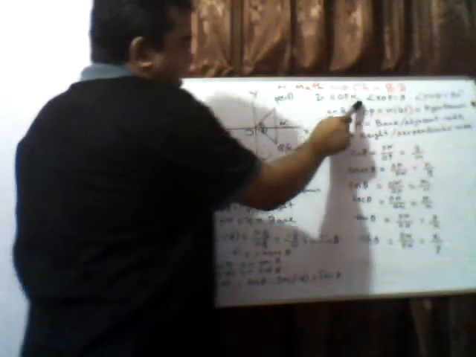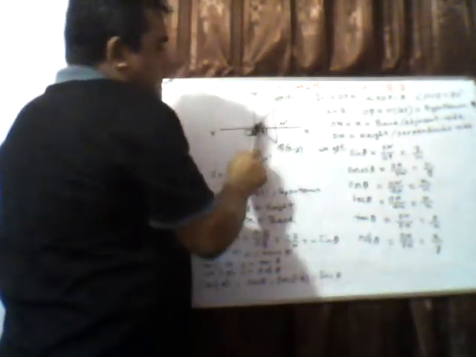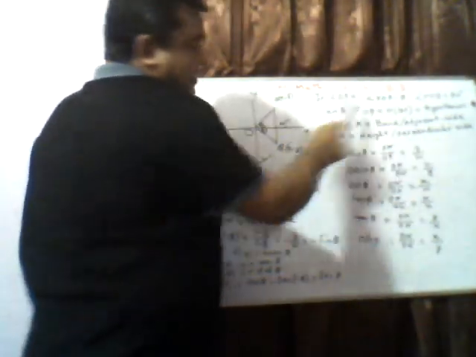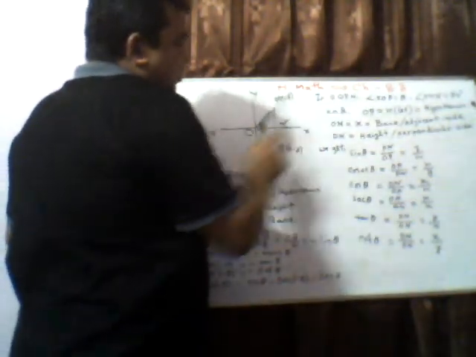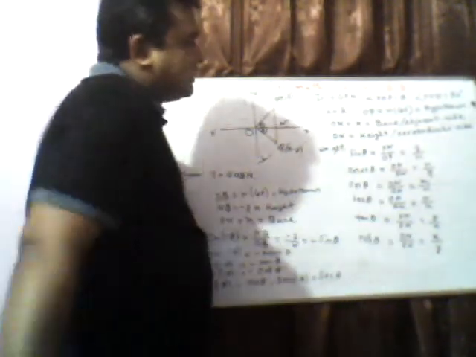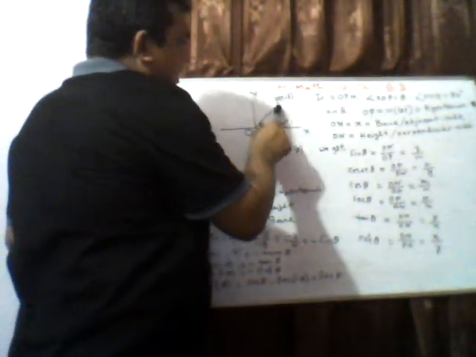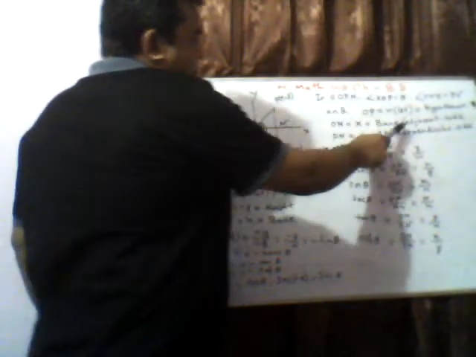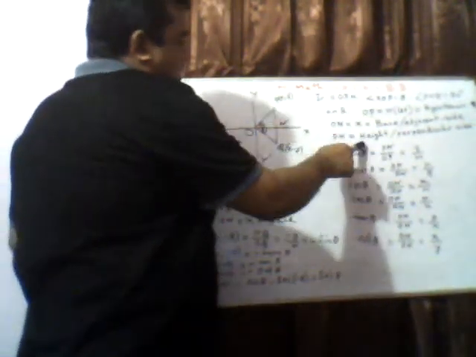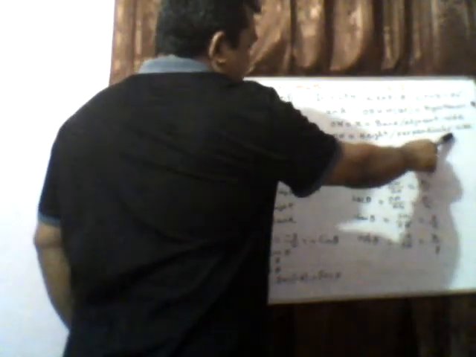In triangle OPN, angle XOP equals theta, where theta is an acute angle, and angle PNO equals 90 degrees. OP equals r, the hypotenuse. ON equals x, the base or adjacent side. PN equals y, the height or perpendicular side.